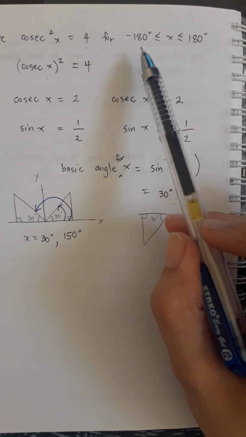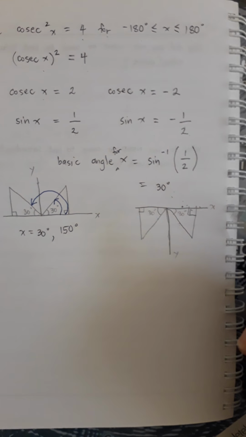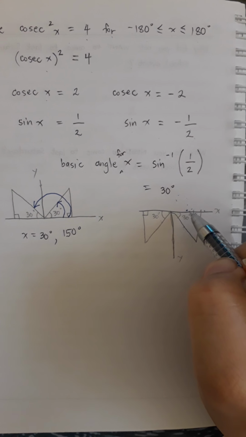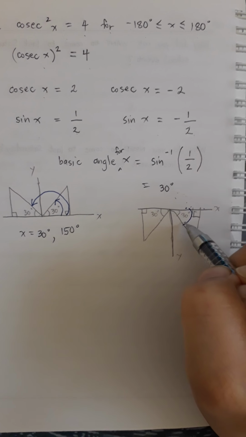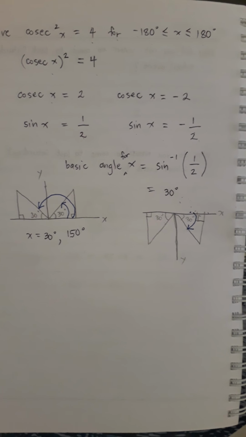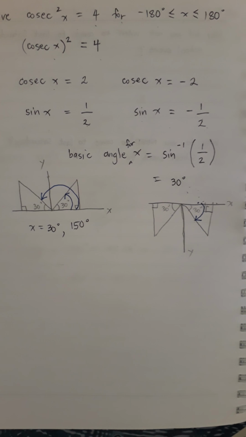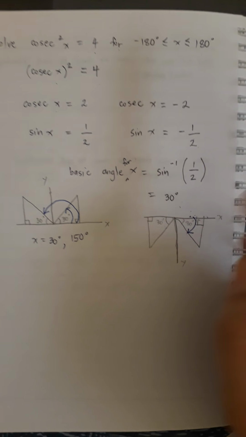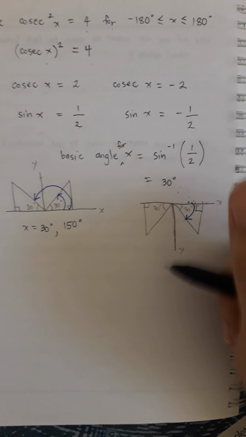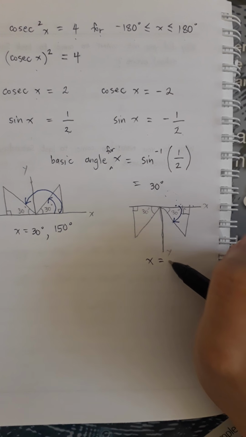But since we have a negative here, that indicates that we can go in the opposite direction. So can we use this angle? That angle will be negative 30 degrees. Is negative 30 degrees within this range of values? Yes, so we can take negative 30 degrees.